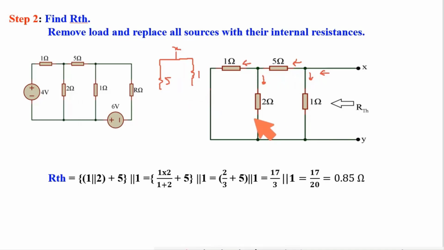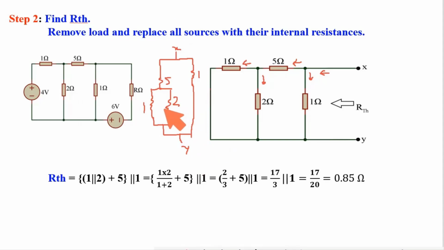This 5 ohm is again divided into two paths. One path is 1 ohm and another path is 2 ohm. And this is connected at a particular point. This point and this point are at the same point. So this is ending at a particular point which is Y.